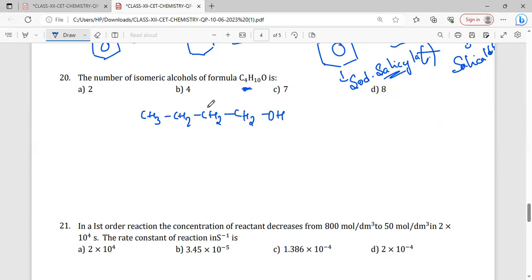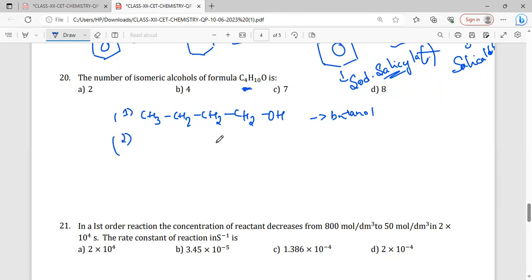We have 1, 2, 3, 4 carbon atoms, 1 oxygen atom, and 10 hydrogens. So this is your butanol, right? Now we have to find out the isomers. So one would be this.